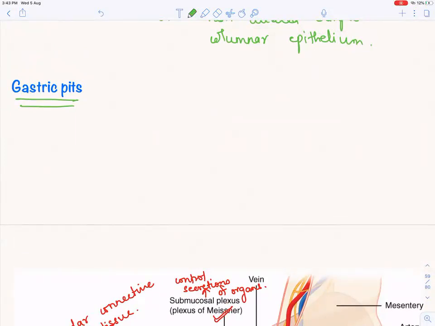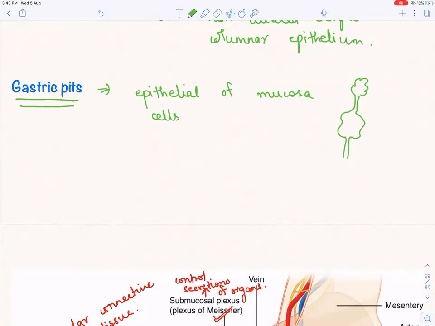As we studied, the epithelial cells of mucosa, like if this is the epithelium, so these are the glands and these are the ducts.